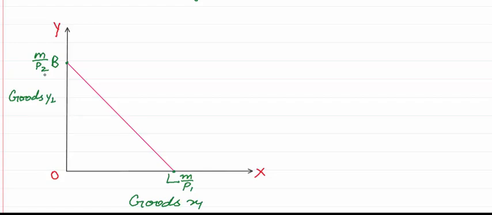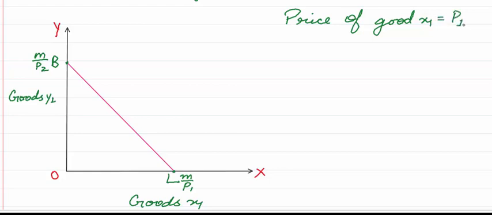Now a subsidy is being given on X1 commodity, and that subsidy is S. So we have already seen that if the subsidy is being given, the price of X1, which was originally P1, changes to P1 minus the amount of subsidy, that is P1 minus S.